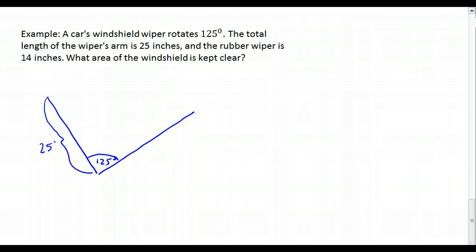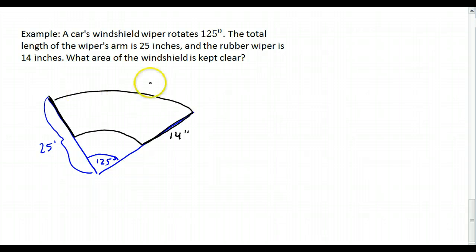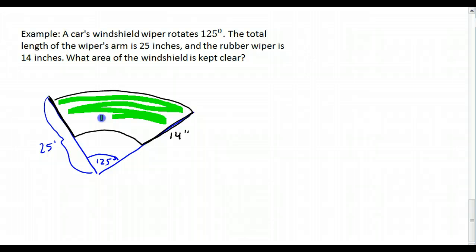And the rubber wiper is 14 inches. So this length right here is 14 inches. So what area of the windshield is kept clear? In other words, we're looking for this area right here.